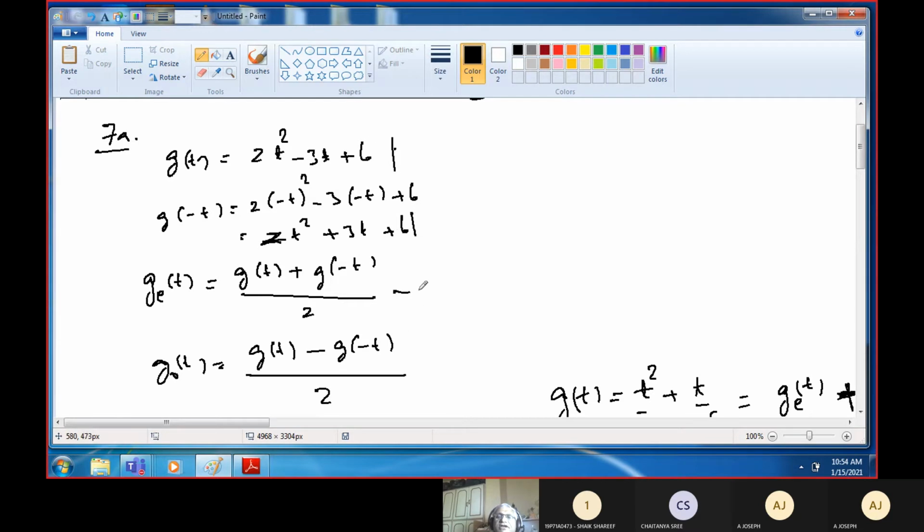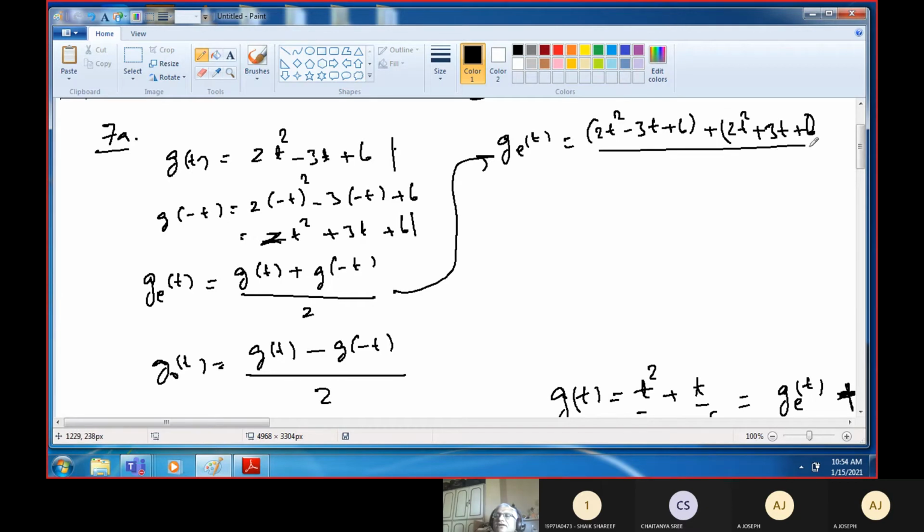So from these two, it is very easy to find g_e(t). So what is g_e(t)? It is equal to g(t), which is 2t square minus 3t plus 6, plus 2t square, so minus this is plus 3t plus 6, divided by 2.